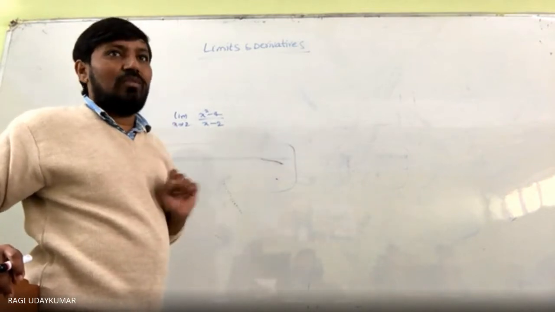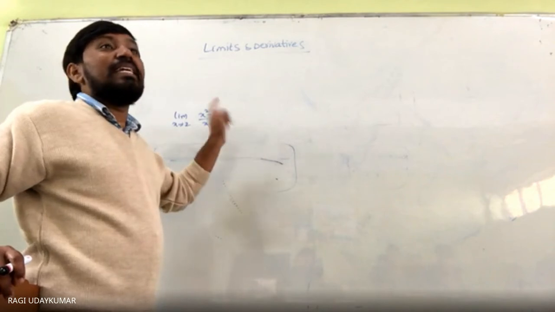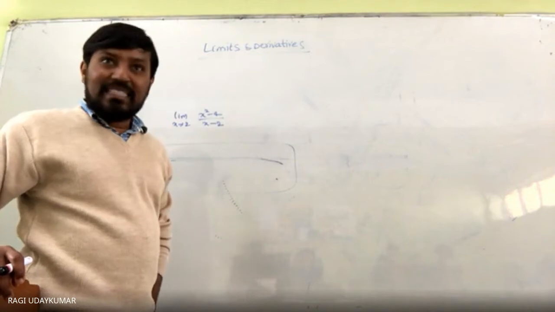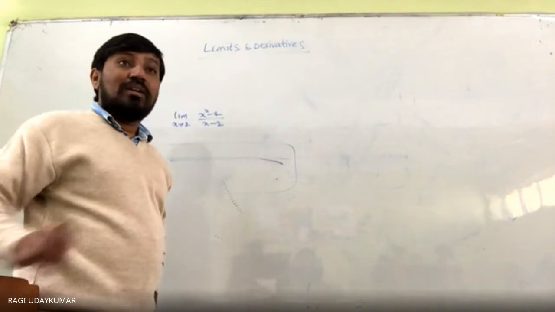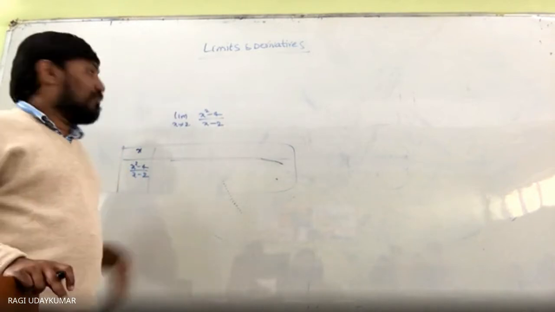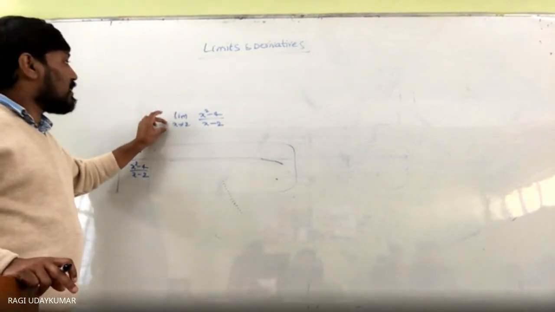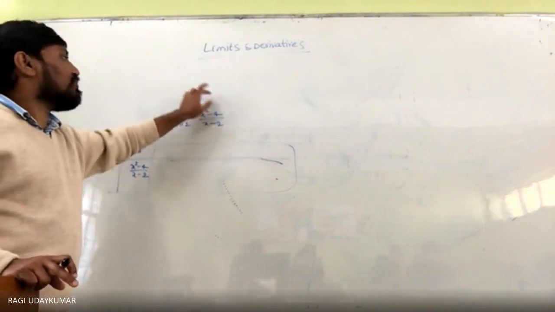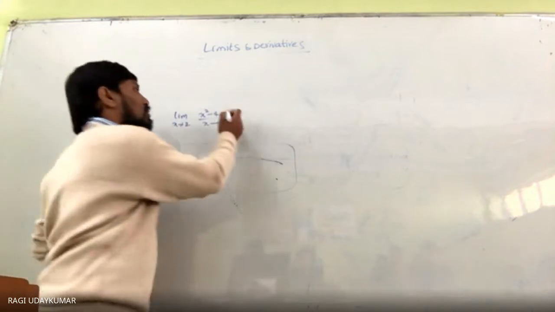Substitute 1.999999. What do you get? You will get 3.999999. So that is not exactly 4, it is near to 4. In both cases, we are not getting the exact value. The limit as x tends to 2 means this function value will be equal to 4.